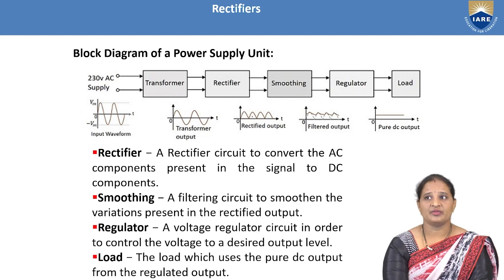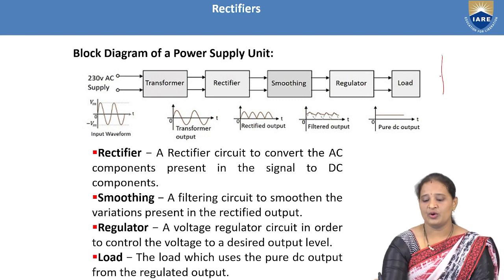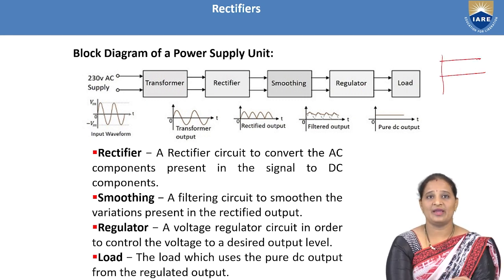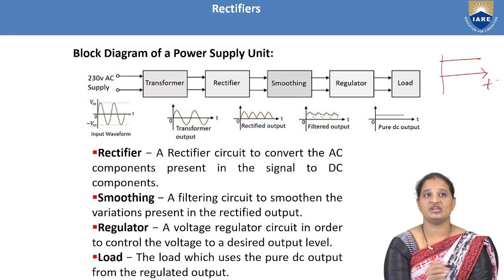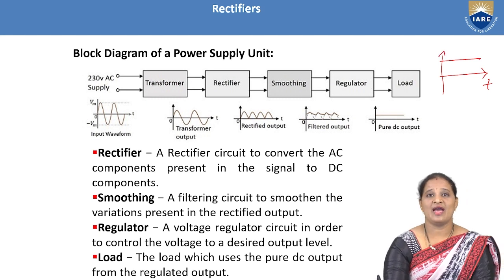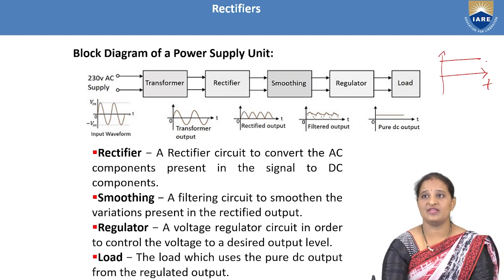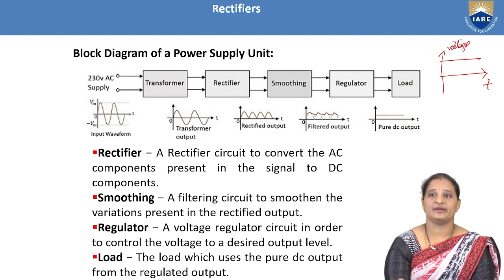The rectifier converts our AC into DC. Here DC means we have to get a constant supply even though there are variations in time, so we should not have any variations in the voltage, or either power or current.